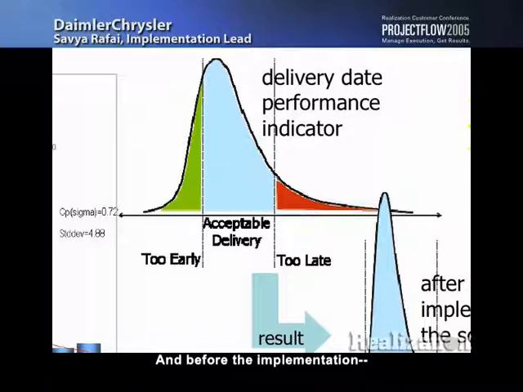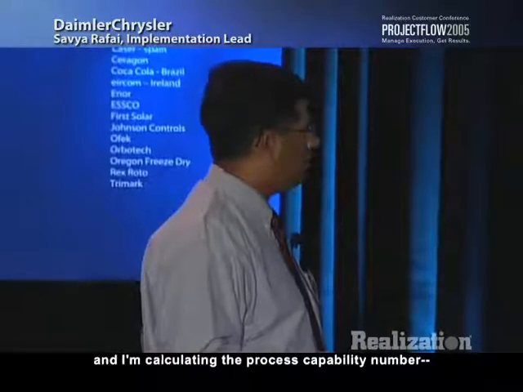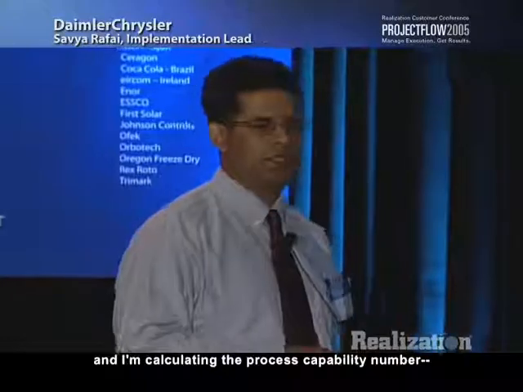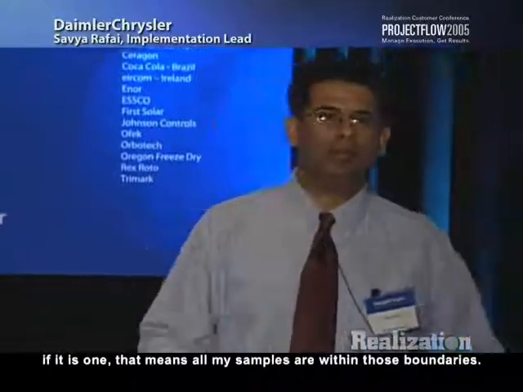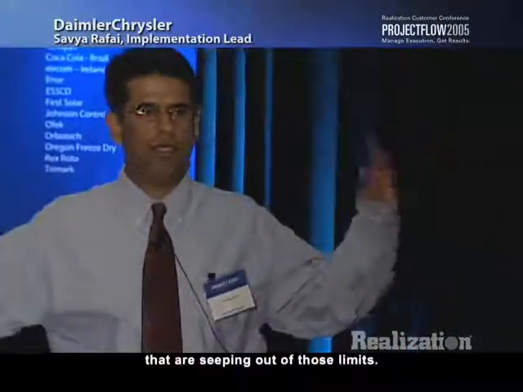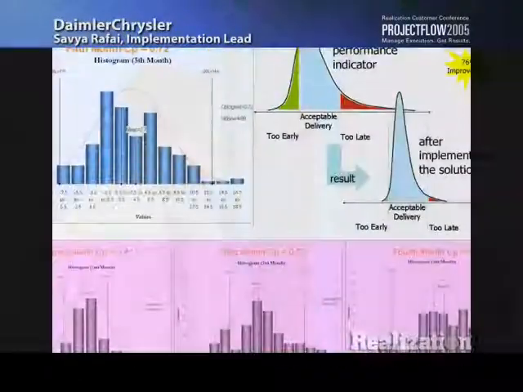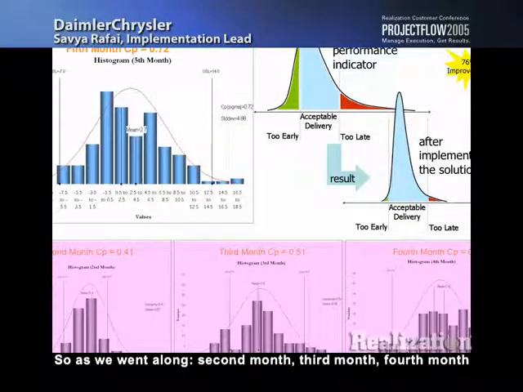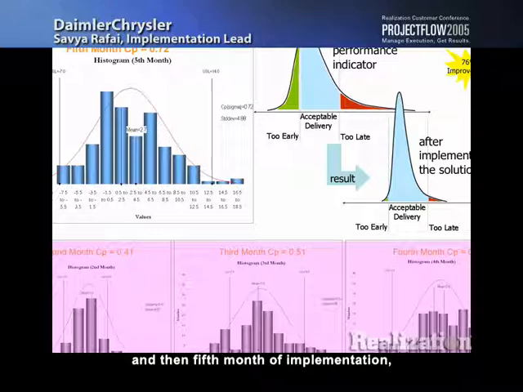And before the implementation, I'm calculating the process capability number. If it is 1, that means all my samples are within those boundaries. And the lower the number, that means you have things that are seeping out of those limits. So as we went along, 2nd month, 3rd month, 4th month, and in 5th month of implementation, our samples were within that range.